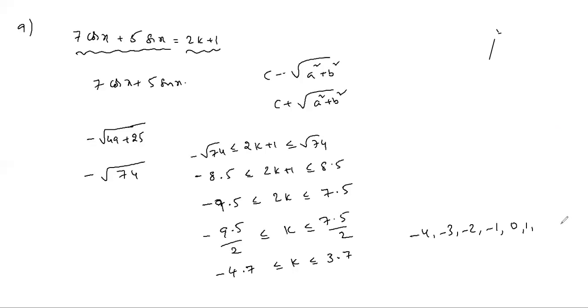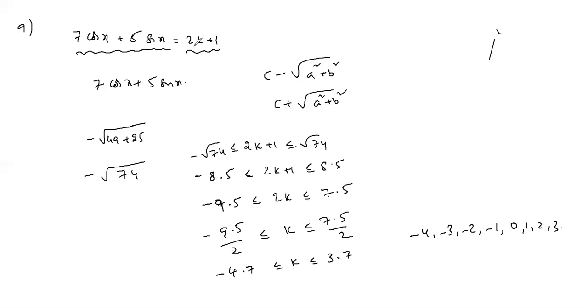So how many solutions? Understand the question? See, this is 7 cos x plus 5 sin x equal to 2k plus 1.